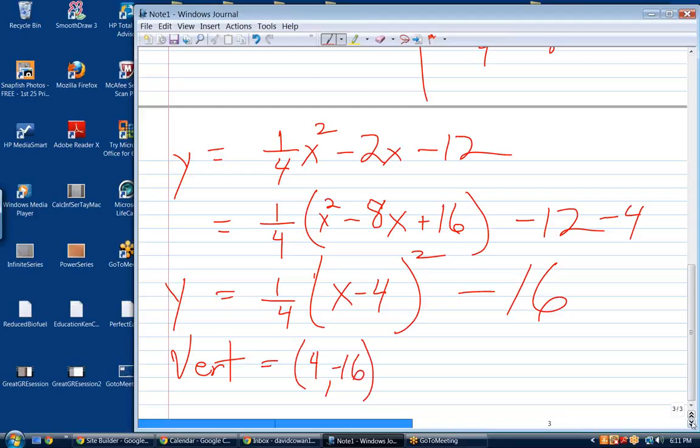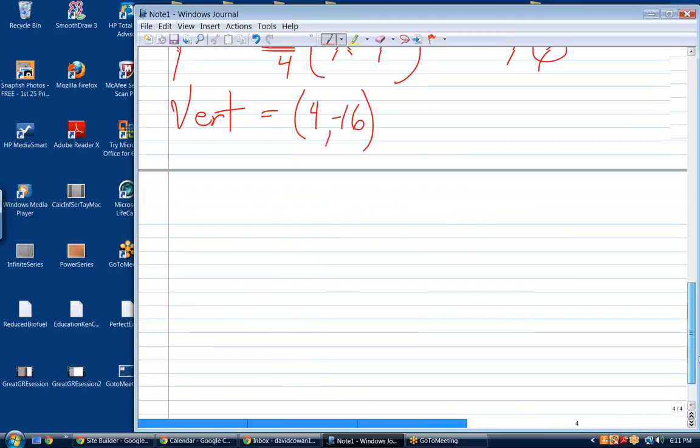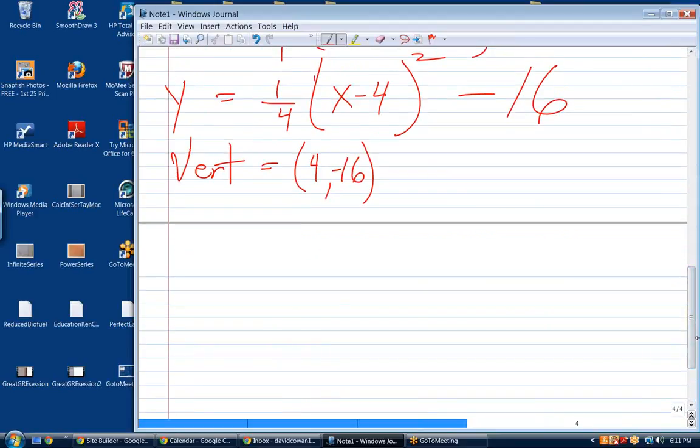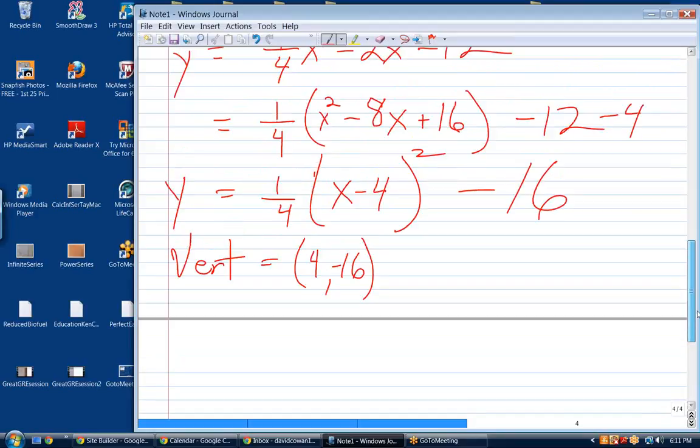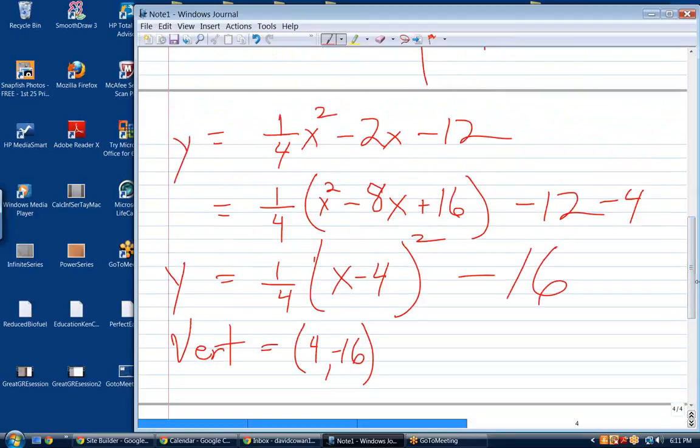Okay. And in order to get another point after the vertex, it would be nice if we could get the x-intercepts. That's usually what teachers want, is the vertex and the x-intercepts.